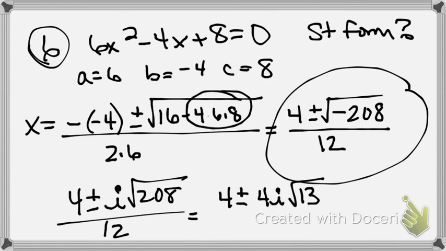Does everybody see where I put the 4 in relation to the i? You won't put i4, 13. The number is like a coefficient now. i's are kind of like x's, y's, and z's, and they have a coefficient. So it's 4i root 13. What happens to the 12 on the denominator? 4 over 12 is what?